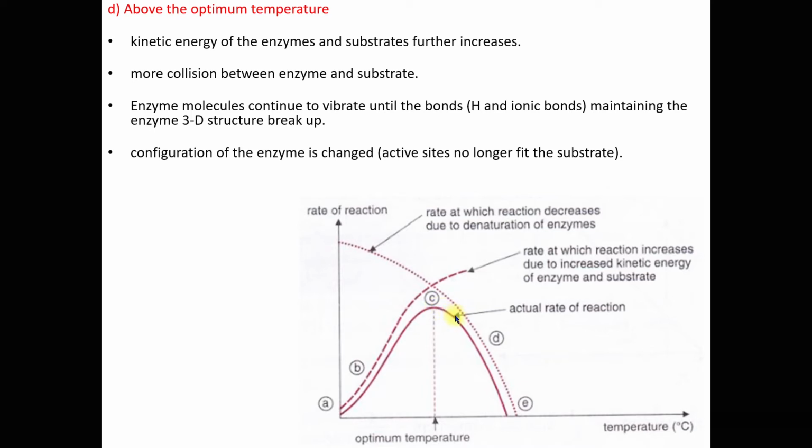But what happens when the temperature further increases? The graph continues to fall because the configuration of the enzyme is changed. And when the configuration of the enzyme is changed, the denaturation of the enzyme starts.